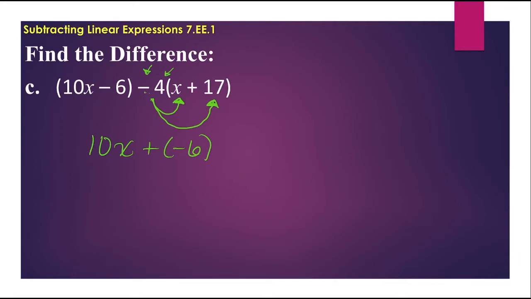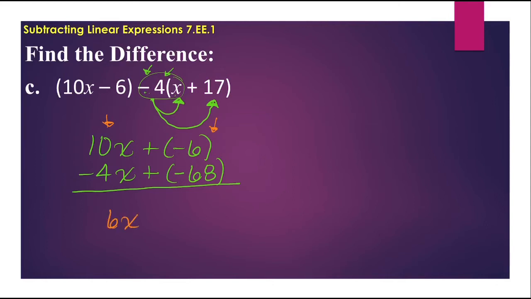All right, and then we're going to multiply. So negative 4 times x is negative 4x. And then negative 4 times 17 is going to be a negative. So I'm going to write plus negative 68. And now in this example right here, this is our first example where nothing really cancels out. So we've got 10x and we have negative 4x, so I'm going to subtract those and you get 6x.